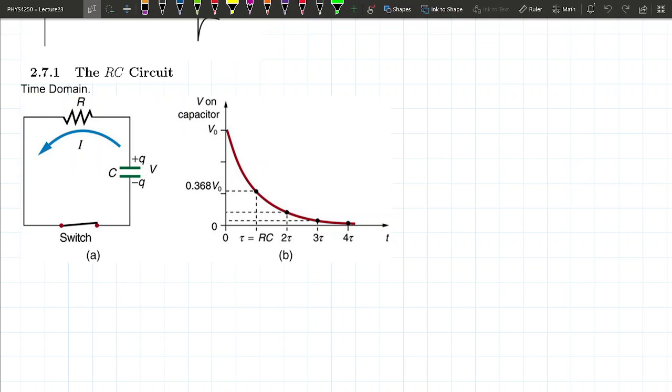I'm going to analyze this little circuit where there's a switch that can be opened and closed. I'm going to make a fully charged capacitor initially, and then close the switch so that the current can flow through. The positive charge will combine with the negative charge here, and eventually there'll be no charge left.